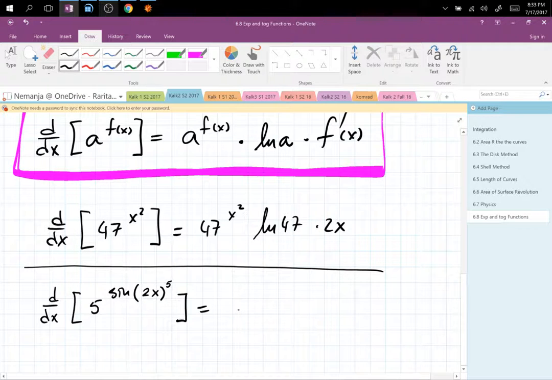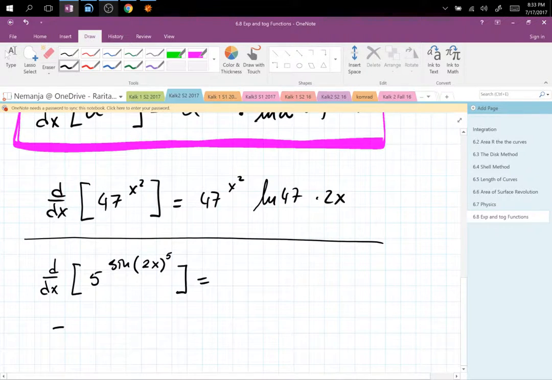So to solve this problem, I'm not going to have enough room to write out the derivative, so we start a new line. It's 5 sine 2x to the 5 times, take care of ln 5 right away, and now times the derivative.